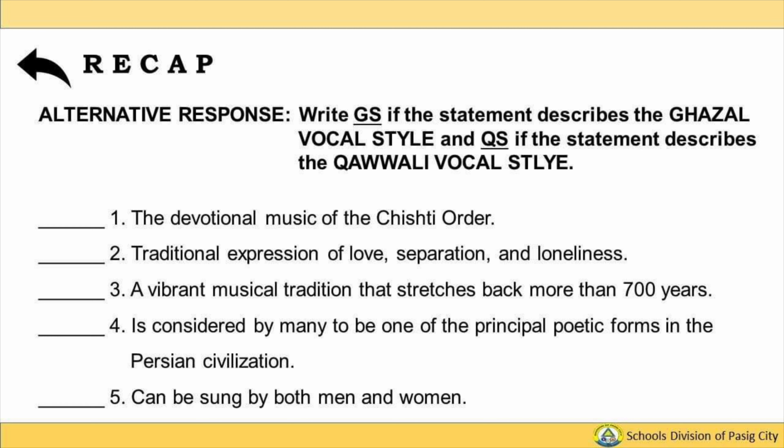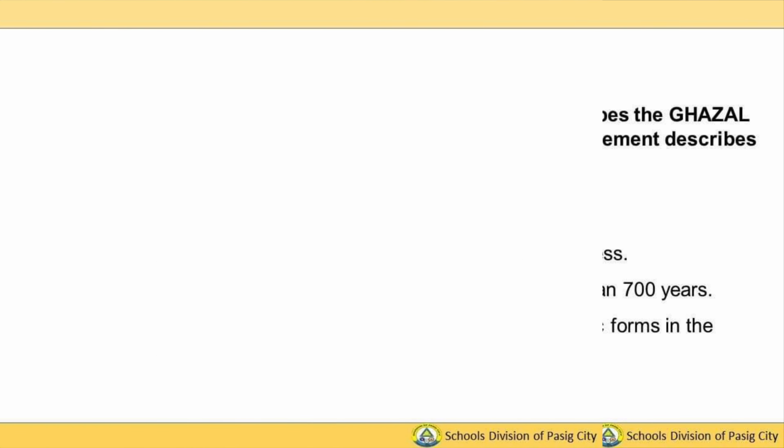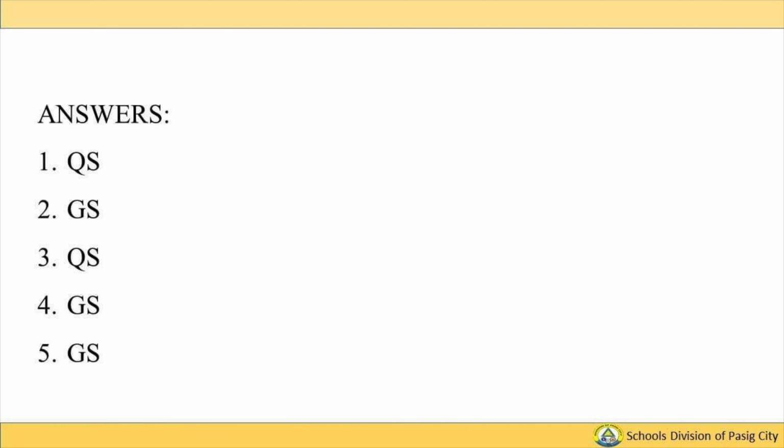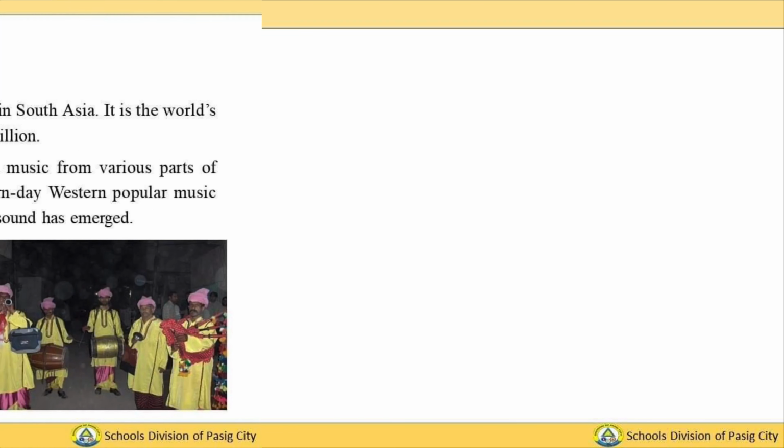Number 4 is considered by many to be one of the principal poetic forms in the Persian civilization, and number 5 can be sung by both men and women. For the answers: number 1, QS; number 2, GS; number 3, QS; number 4, GS; and number 5, GS.